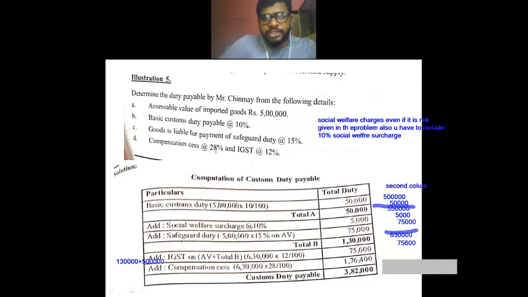Next, compensation cess 28%. Once again the 6,30,000 value you have to take into 28%, that is 1,76,400.